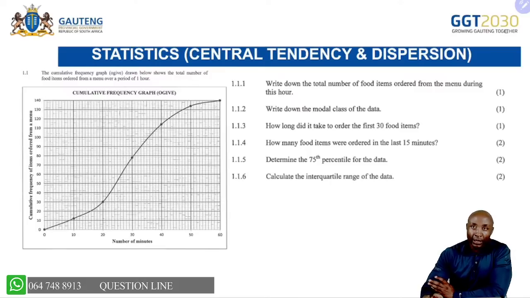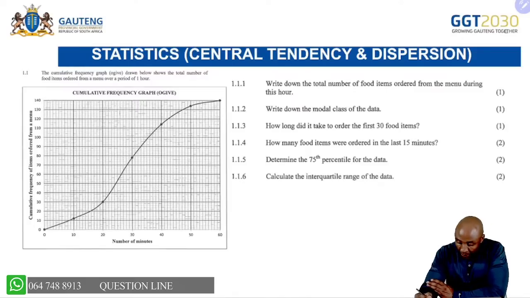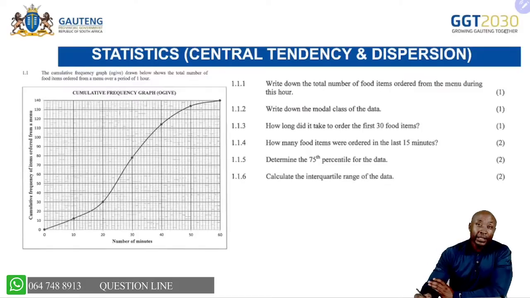Sometimes you'll find out that the number is per thousand. So it means if it is given as 10, it would mean it's 10,000. So we should be able to read the scenario and get what we are given. It says, write down the number of food items ordered from the menu during the first hour.